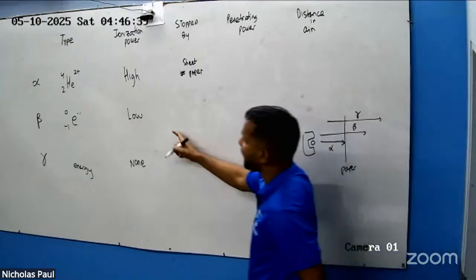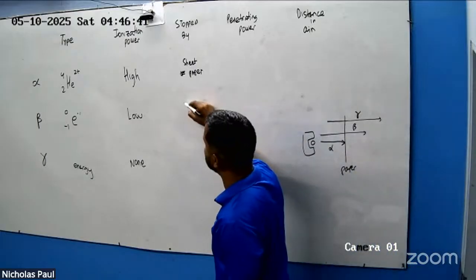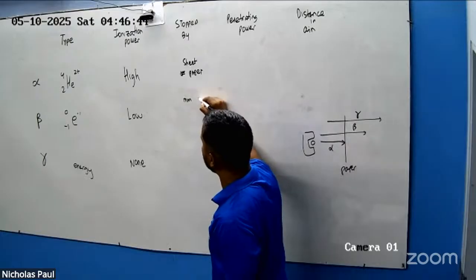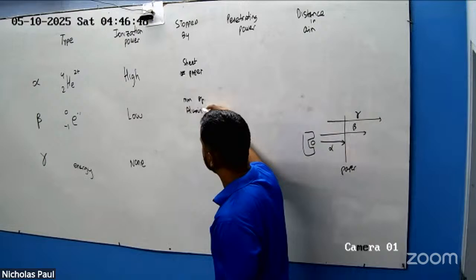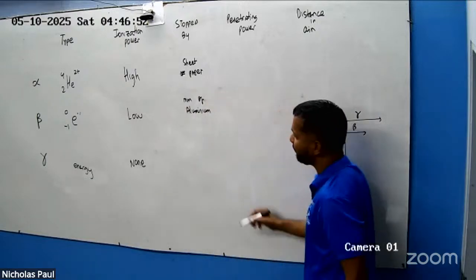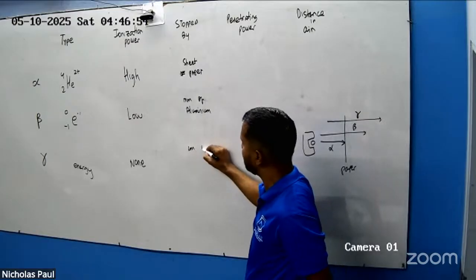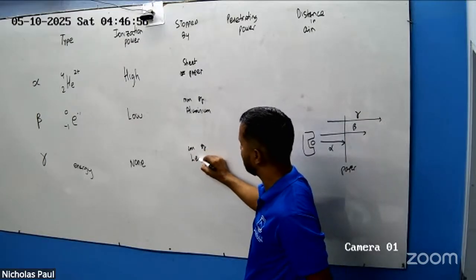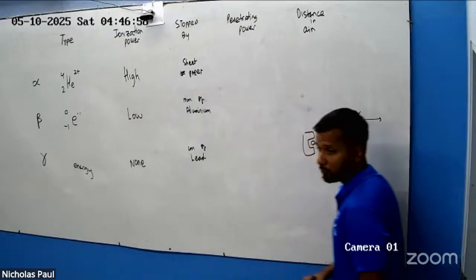How do we stop beta? We use a few millimeters of aluminum. How do we stop gamma? A few centimeters of lead. Okay?